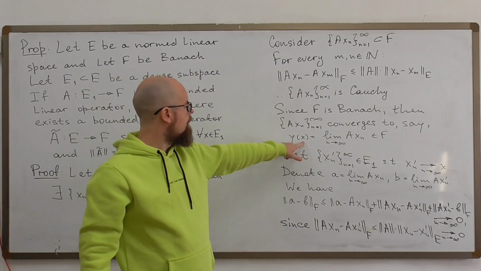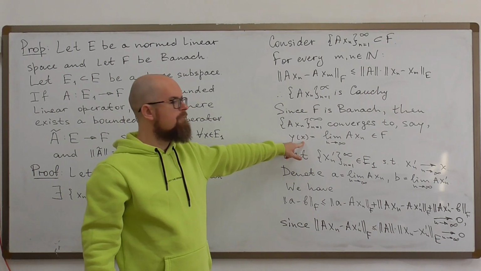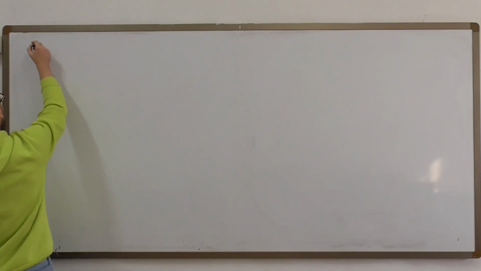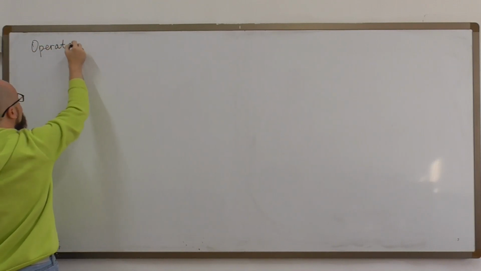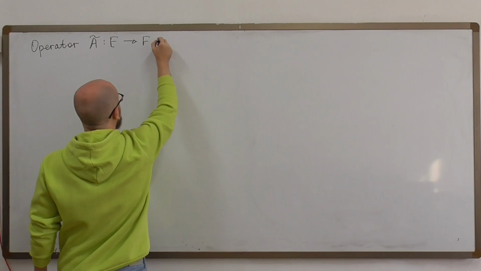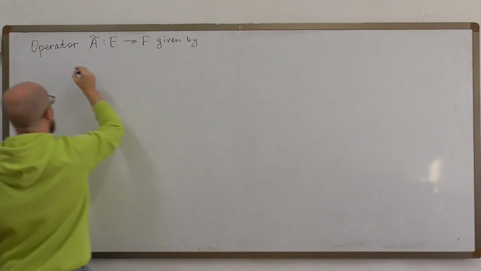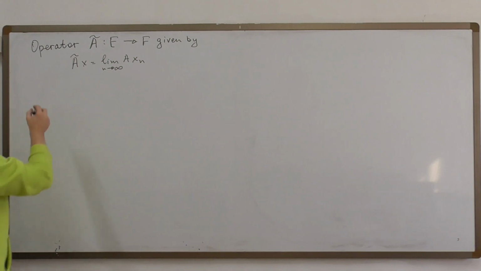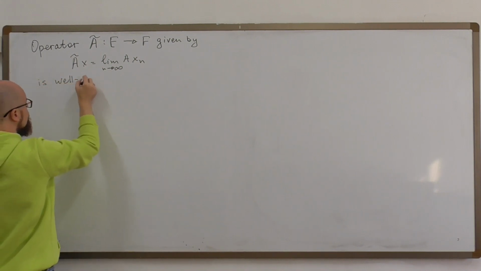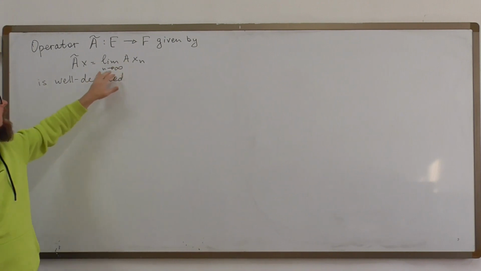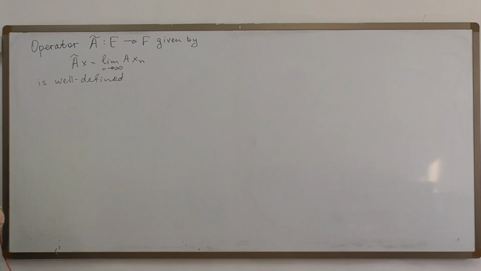So we have proved that this limit is well defined, and using this limit we will define a linear operator on the whole space E. This operator is well defined, and also by linearity of A and the linearity of the limit, it is easy to verify that it is linear.